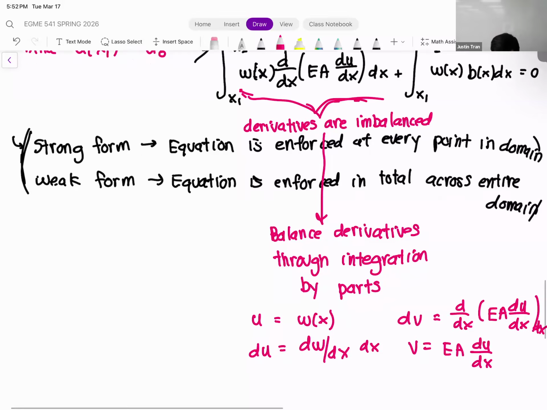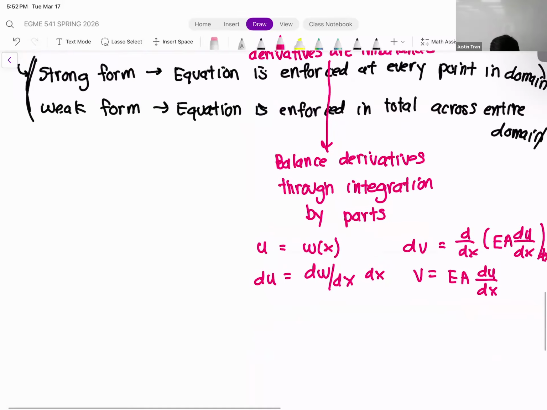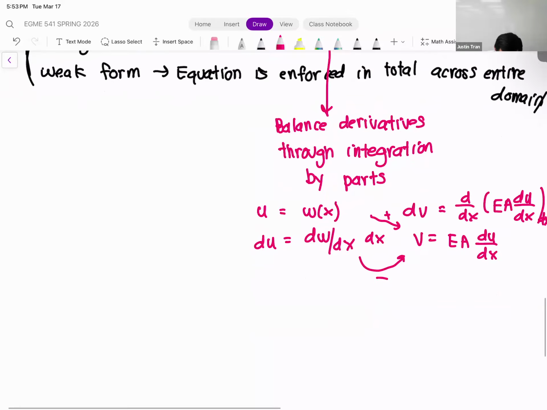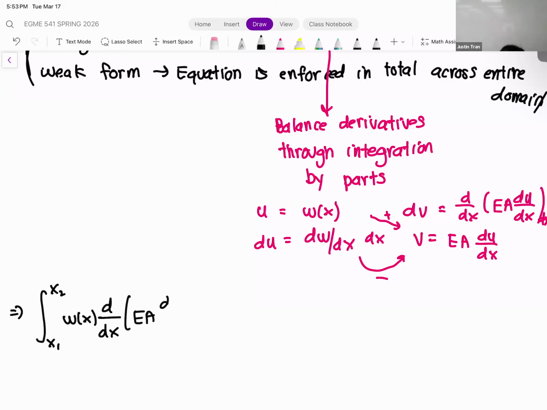In traditional integration by parts, we go diagonally down first. We take u times v, the product of w of x and EA du dx, minus the integral of v du. We started with the integral from x1 to x2 of w of x d dx of EA du dx, dx.